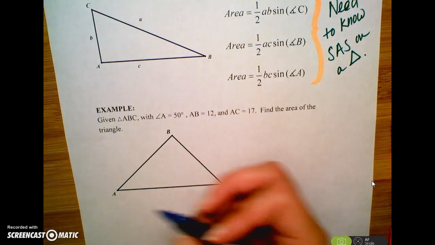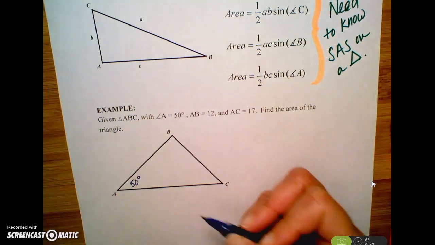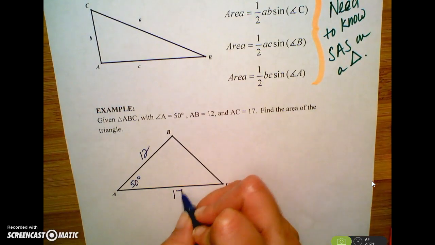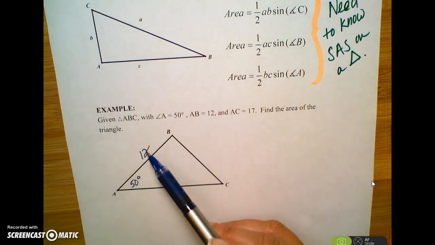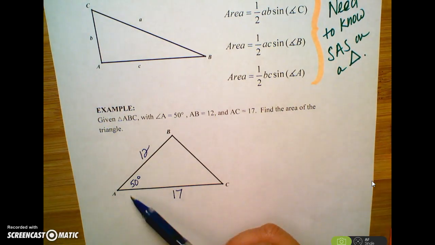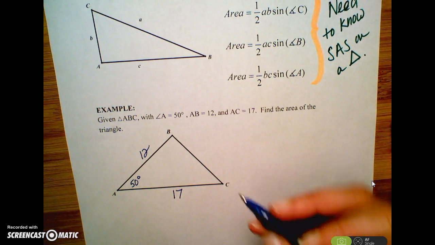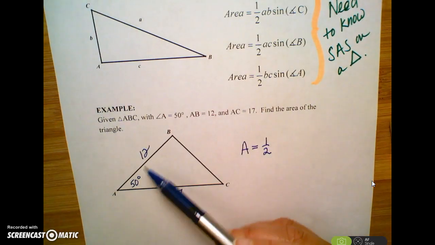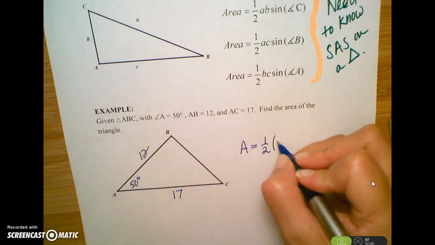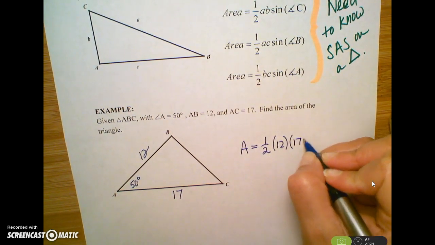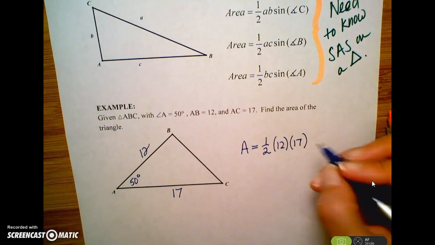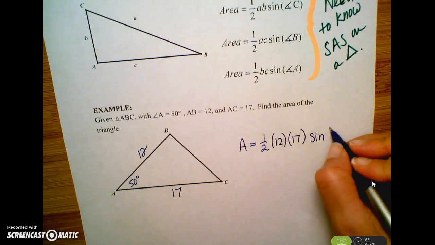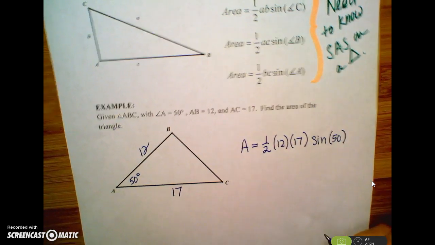We're being told that angle A is 50 degrees. We're told that AB is 12, and we're told that AC is 17. Notice, side angle side is what you've been given, and you're asked for the area. So, the area is going to be 1/2 the two sides you've been given, so times 12 times 17, and then times the sine of the angle you've been given, which in this case is 50 degrees.